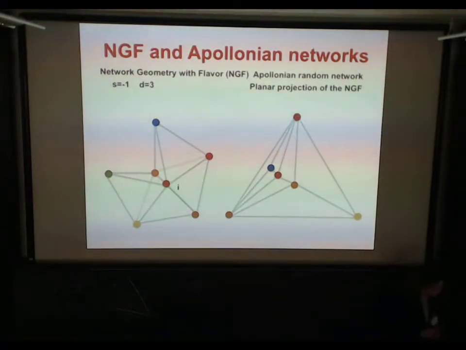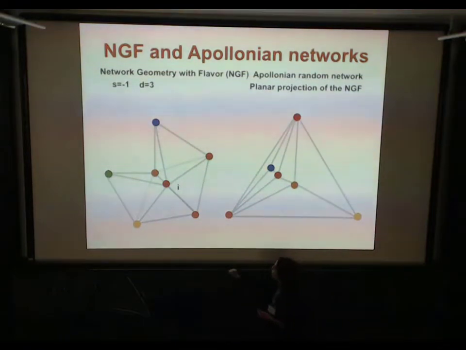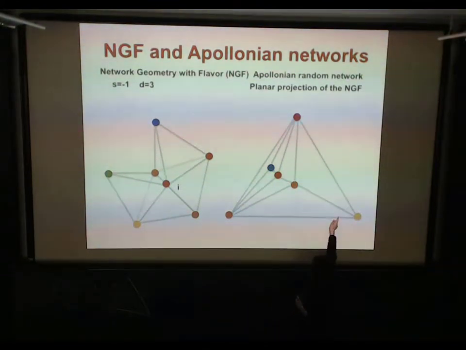So how to see that this stacking of polytopes generates this? So for example, look at these triangles orange, red, and yellow, which are here orange, red, and yellow.